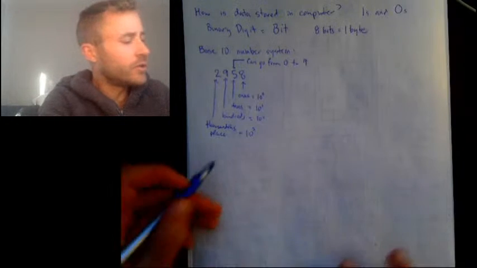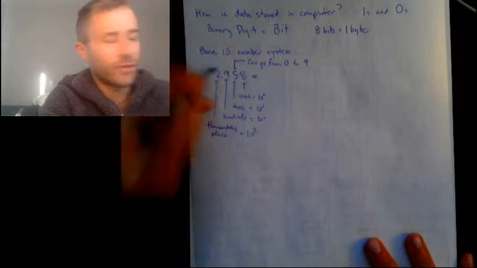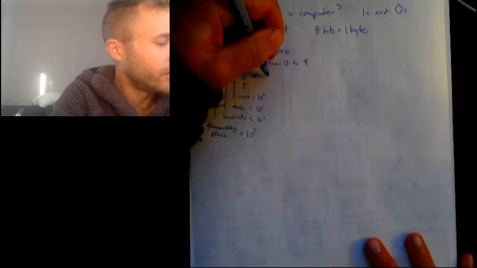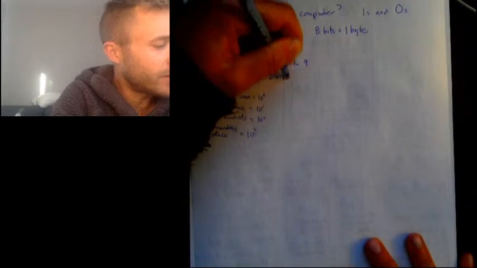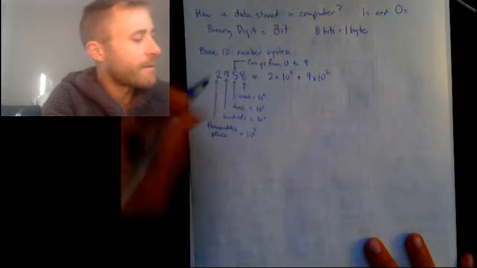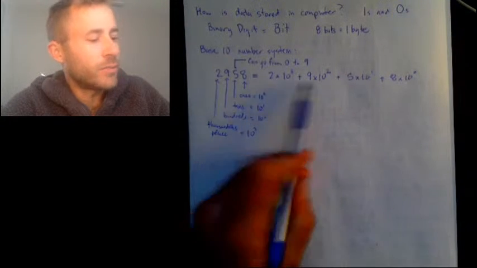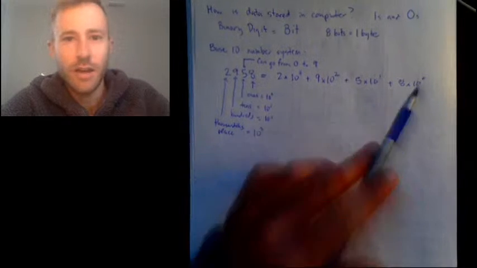Okay, so it turns out that in a base 10 number system, this can be written as 2 times 10 to the third plus 9 times 10 to the second plus 5 times 10 to the 1 plus 8 times 10 to the 0. So if you just work that out, that's 2,000 plus 900 plus 50 plus 8.